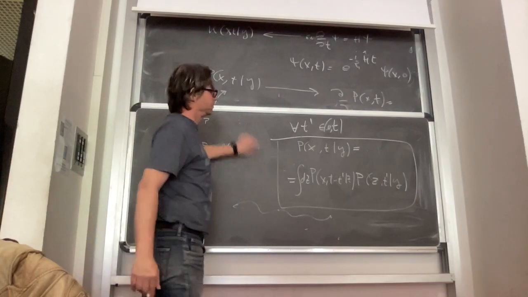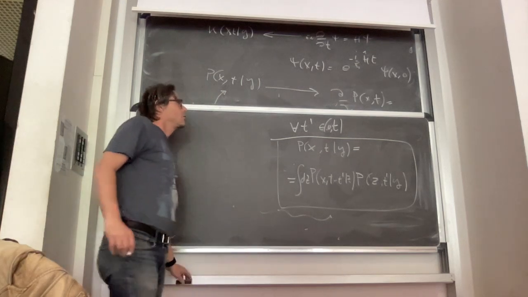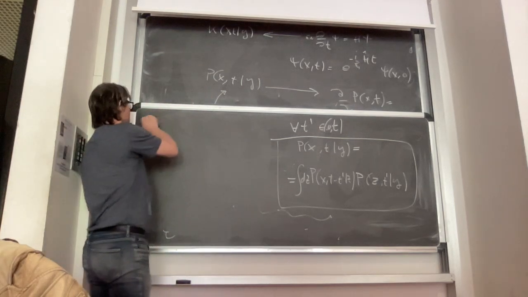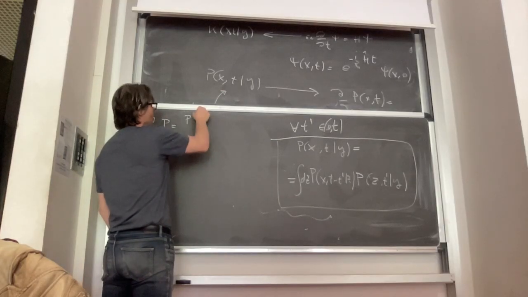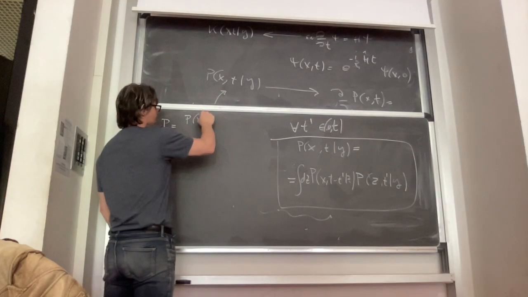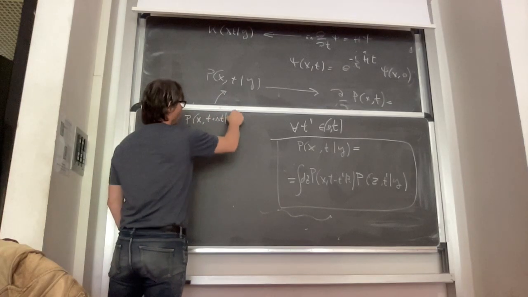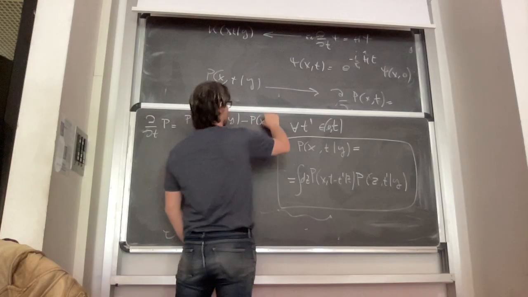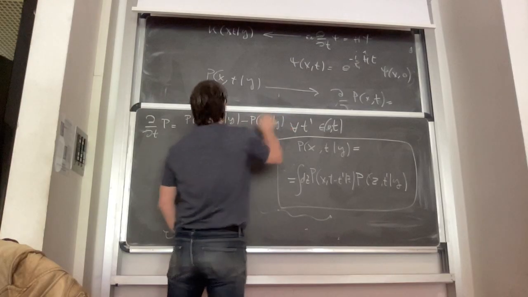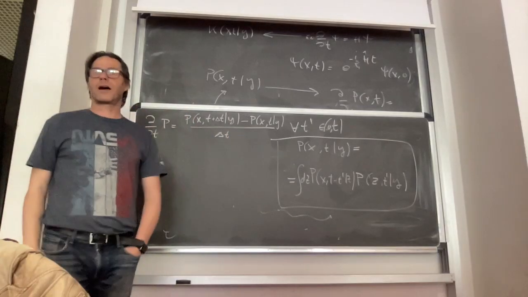And it's the key to get the equation for P, because d by dt of P is P of x at time t plus delta t, starting from y, minus P of x at time t starting from y, divided by delta t, right?